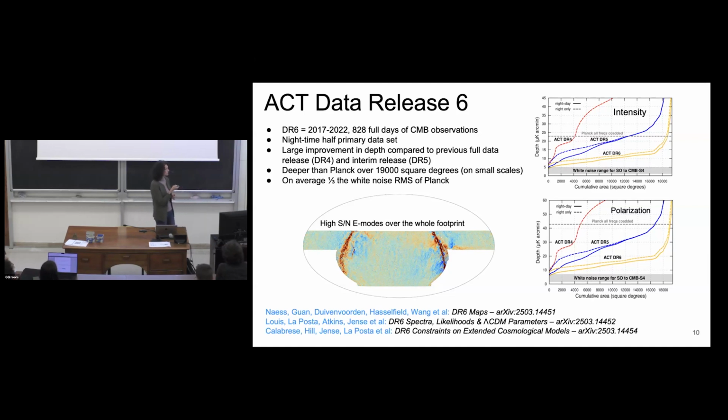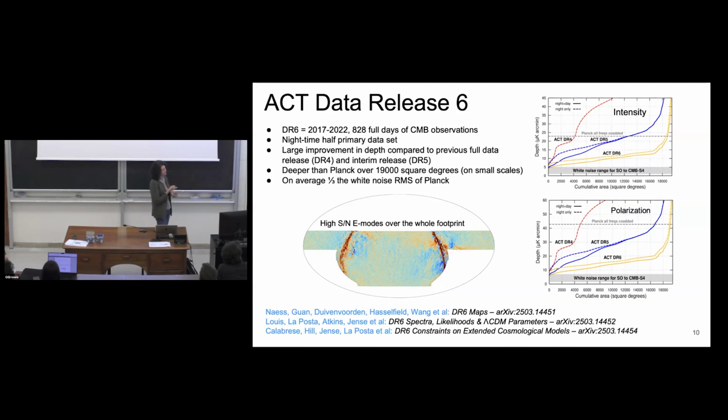I think the most interesting figure to look at are these intensity and polarization noise levels that show two things: how the data of ACT itself have improved over the years, going from data release 4 to data release 5 and 6.